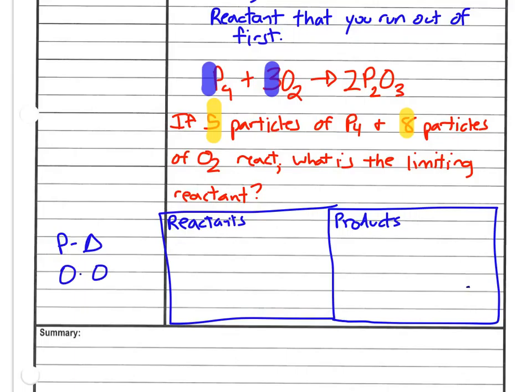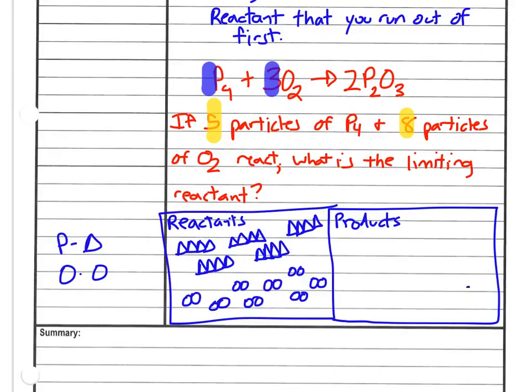And I have 5 particles of the P4, so there's 1, 2, up to 5, and they all have 4 P's in them. There's my 5 particles. Then I'm going to draw my oxygen. It says I have 8 particles of the O2. 1, 2, up to 8.